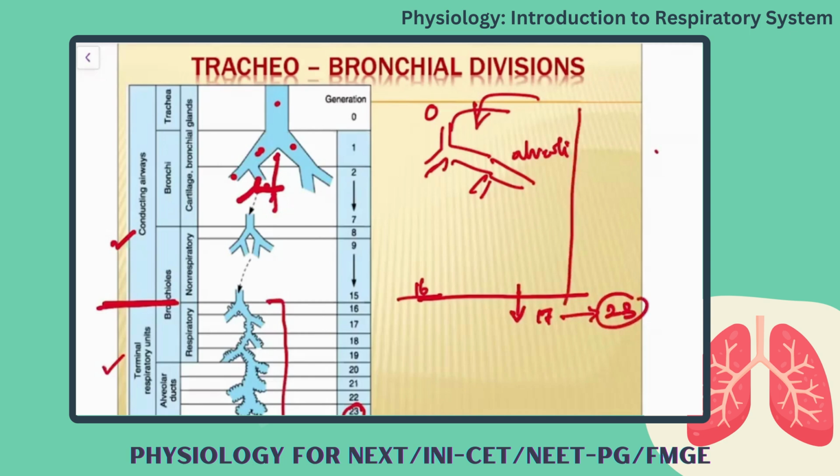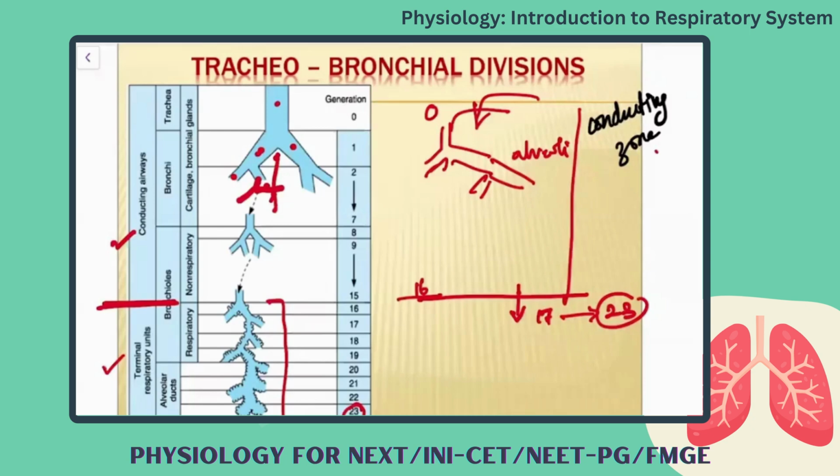The first regions you term the conducting zone. It means it is just acting as a conducting pathway to transport the air from the atmosphere into the lungs and from the lungs back into the atmosphere.